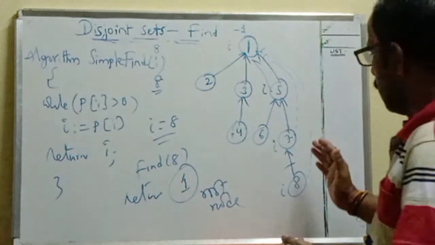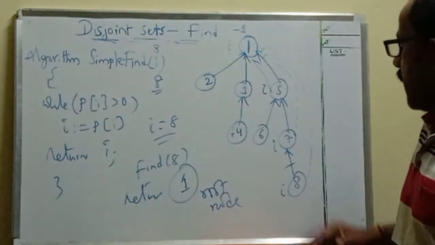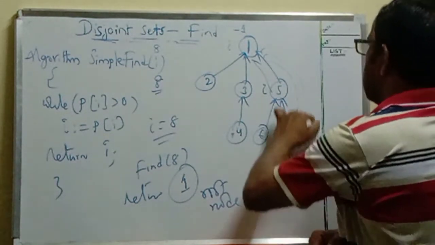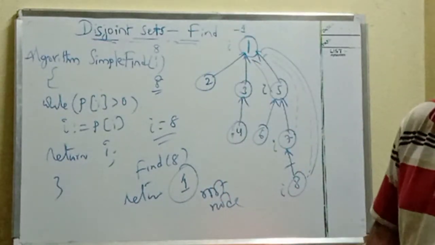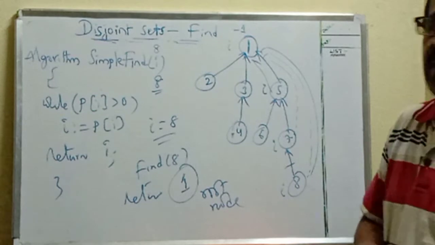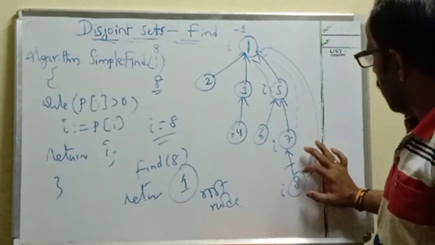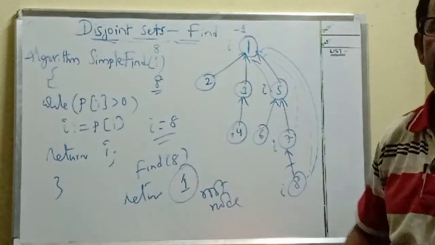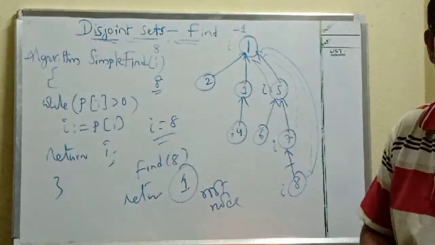But from next time onwards, in that procedure itself, we break this link and directly connect 8 as an immediate child of 1. By using that procedure, we can attach 8 and 7 as direct children of 1. That procedure is called the collapsing rule.